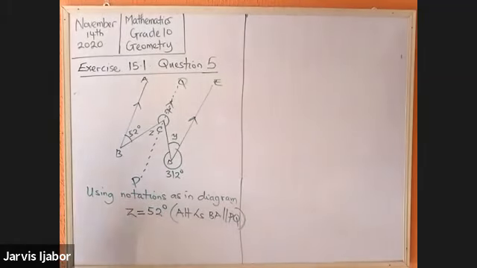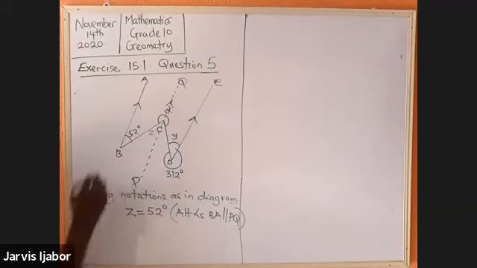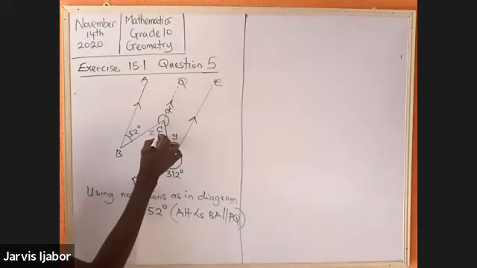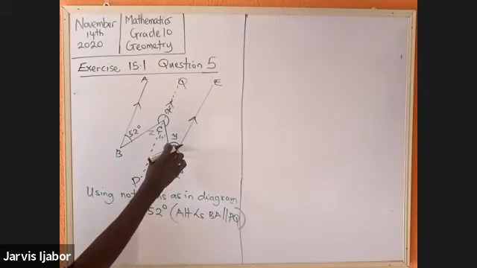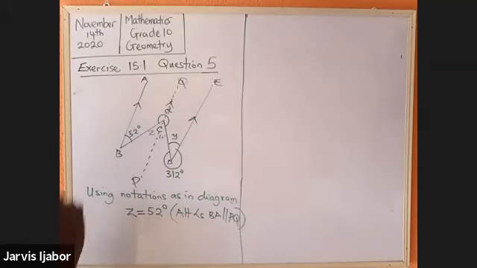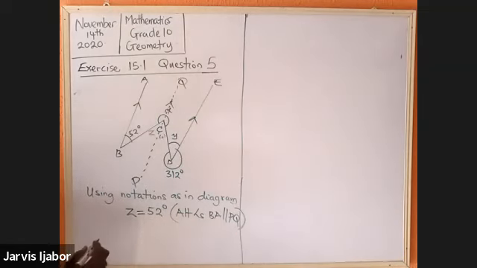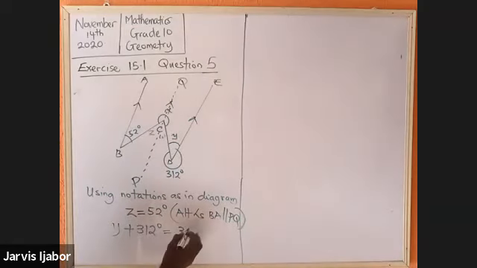The next thing we'll do, we have gotten Z now. I called here Y. Let me call this other part W. So what you're going to have now is this. Now let's look at this Y, because Y will be equal to W. We cannot get W except we have gotten Y. So Y plus 312 degrees will be equal to 360 degrees.